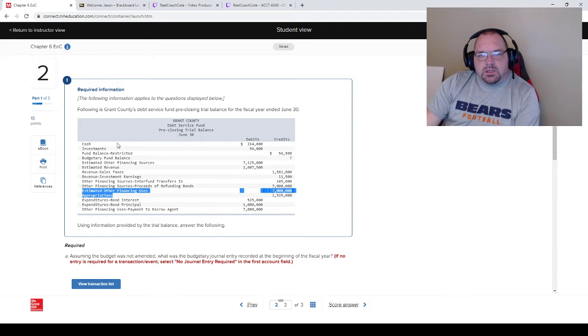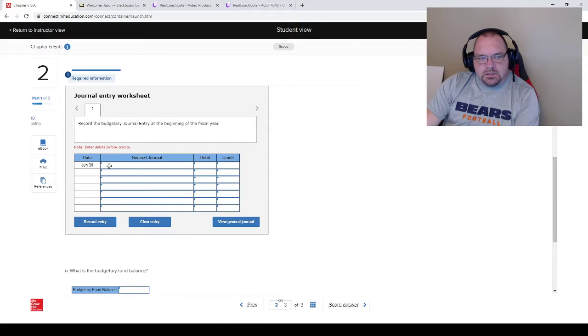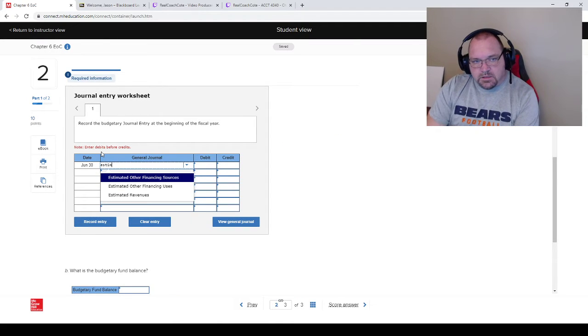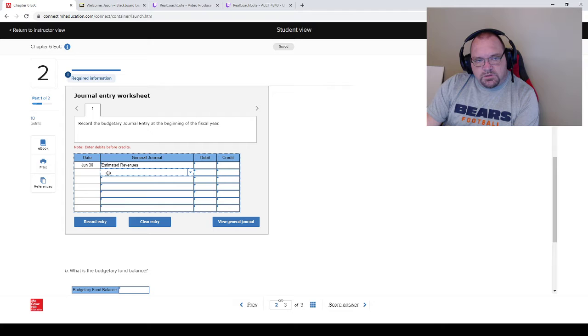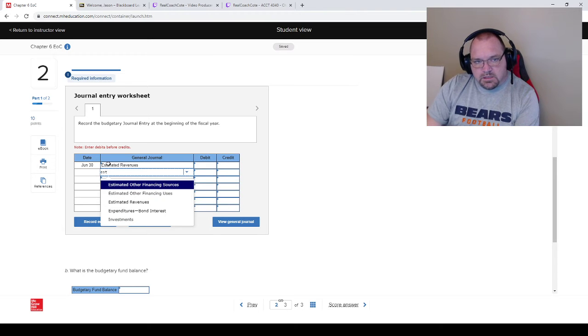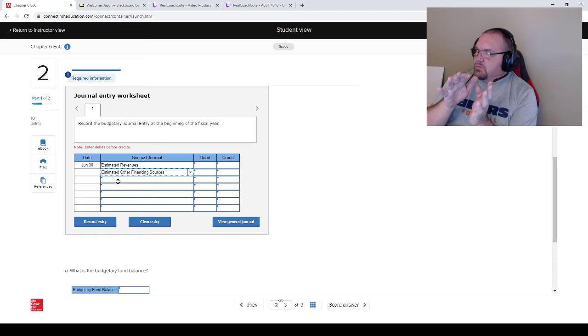My 2 debits that are revenue accounts are estimated revenues and estimated other financing sources. That's our 2 budgeted revenues.